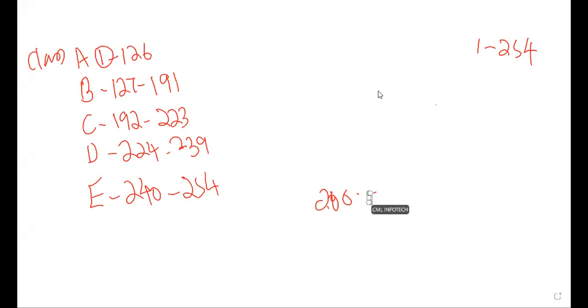So the first octet, which you can see is 200, means it's a class C, because 200 is in between 192 to 223. The same if I'm writing, let's say 150.111. You can see the first octet, the number is in between 127 and 191. So this is class B.